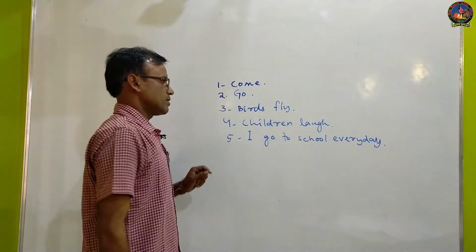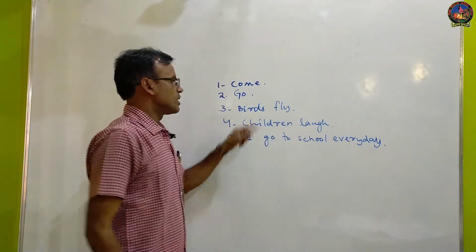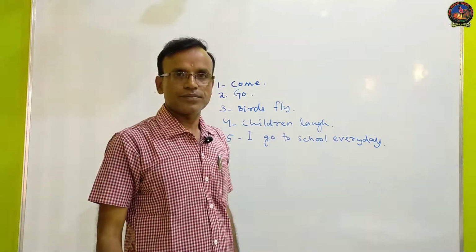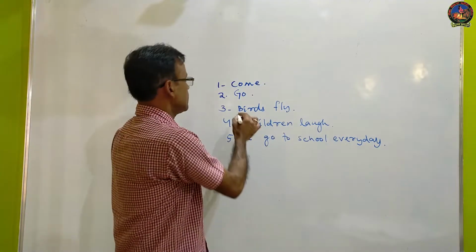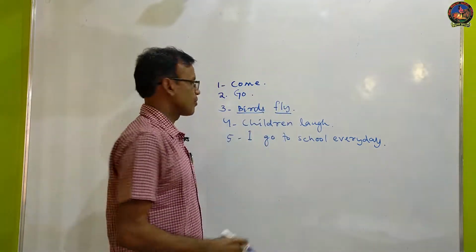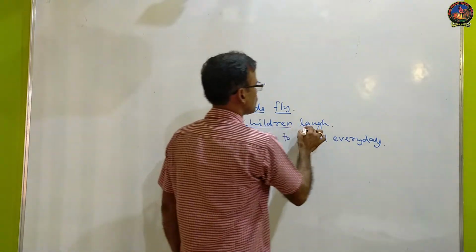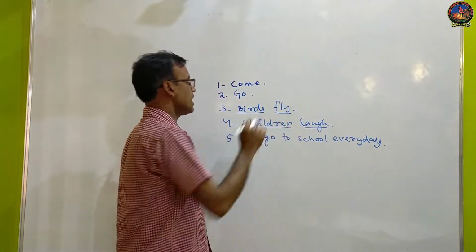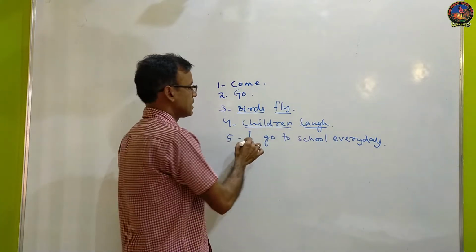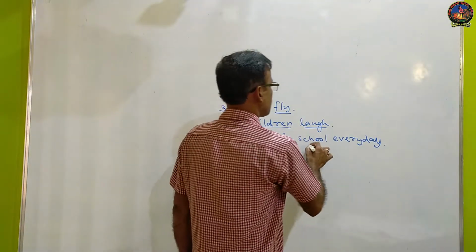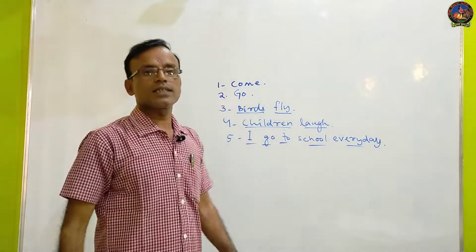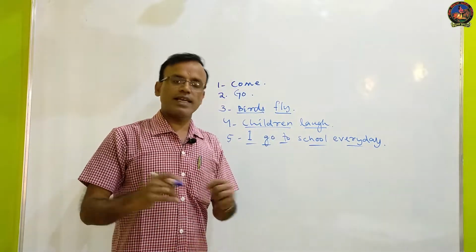In these expressions, there are more than one word. It has two words, birds fly. It has also two words, children laugh. In example 5, there are 5 words and all these words express a meaning or a sense.